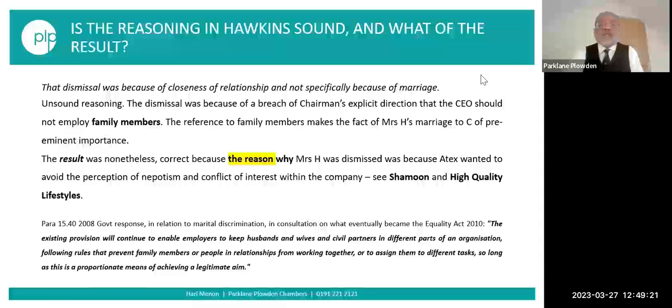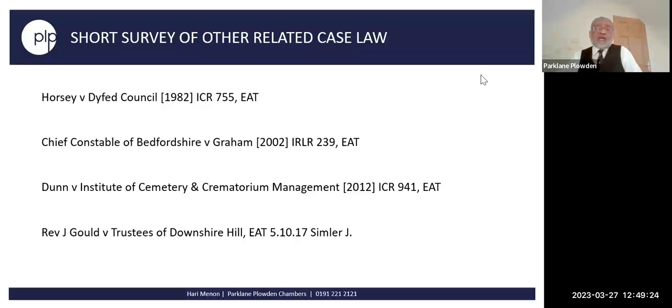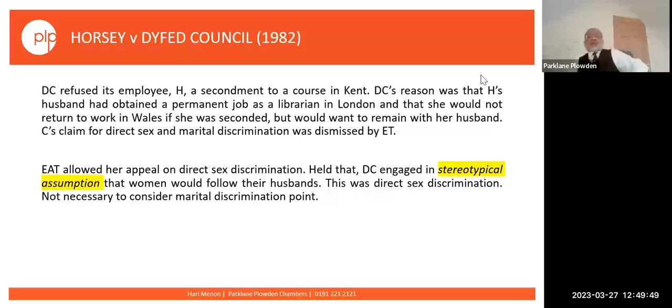Okay, so we then just look very briefly at 4 cases on the issue of marital discrimination, because each of them has got its own features and its own kinks. So we start off with the case of Horsey, which is a very old case in 1982. What happened there was that Mrs. Horsey worked for Dyfed Council, and she was doing a course, but managed to get an offer of a secondment to the same course in Kent.